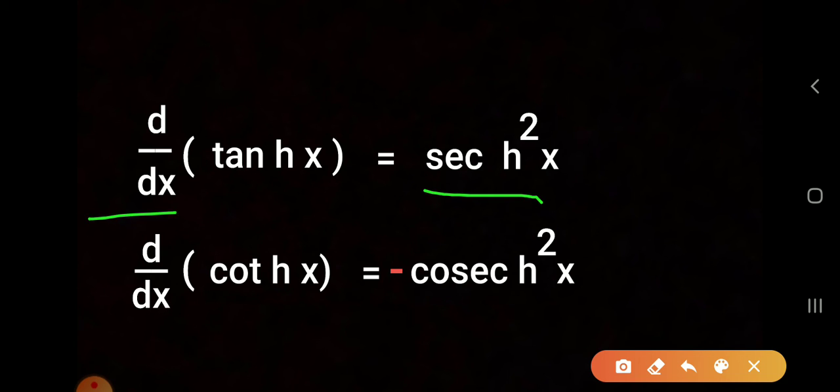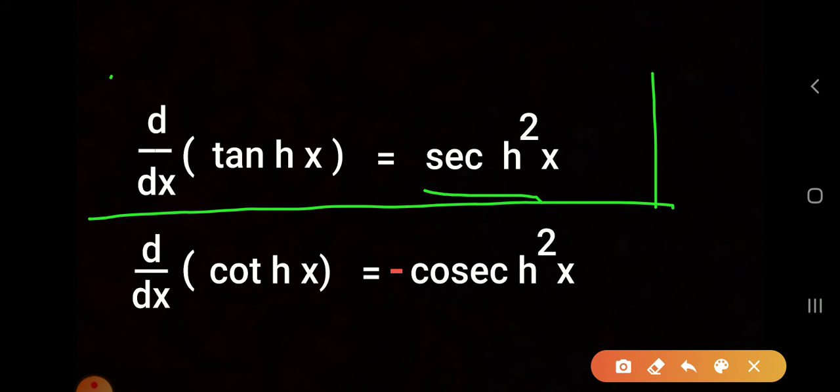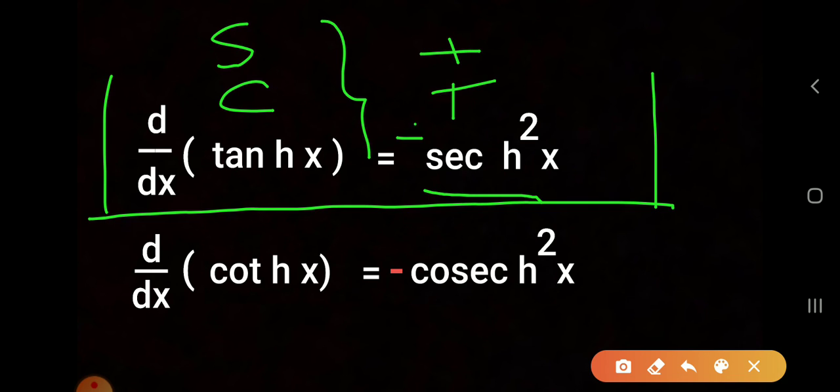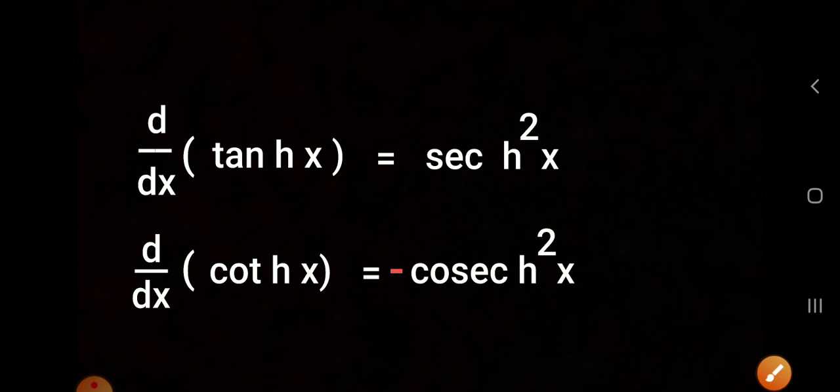So we finished the first three trigonometric ratios: first is sine, second is cos, and third is tan. These three have a plus sign, but the rest of the ratios have minus.